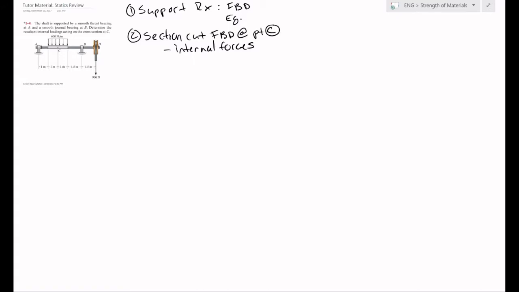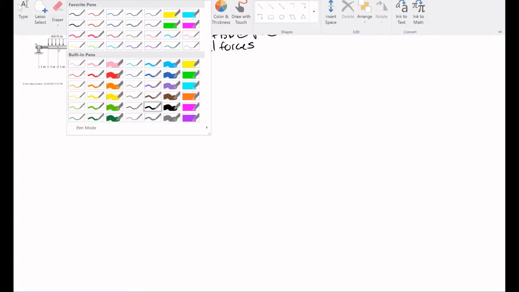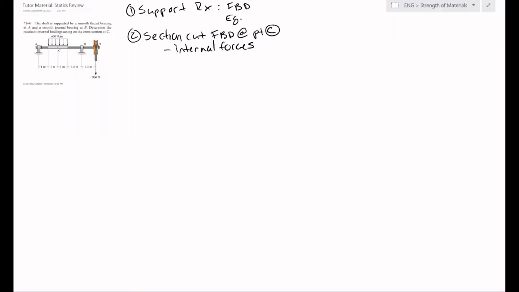So at A, going over our first step, which is the support reactions, at A, we'll have forces in the vertical direction and in the horizontal direction. We can already see that if we sum the forces in the x direction, we actually don't have anything except Ax. So we can just see that Ax will equal 0, and that will just immediately go away.